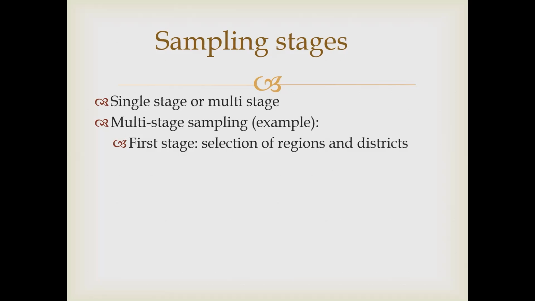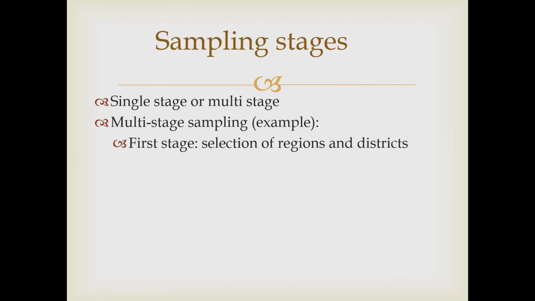Here, let us look at this example. First stage, we select regions and districts. Usually, we divide Kerala into 3 regions: northern region, central region, southern region. Each region consists of 3 or 4 districts.